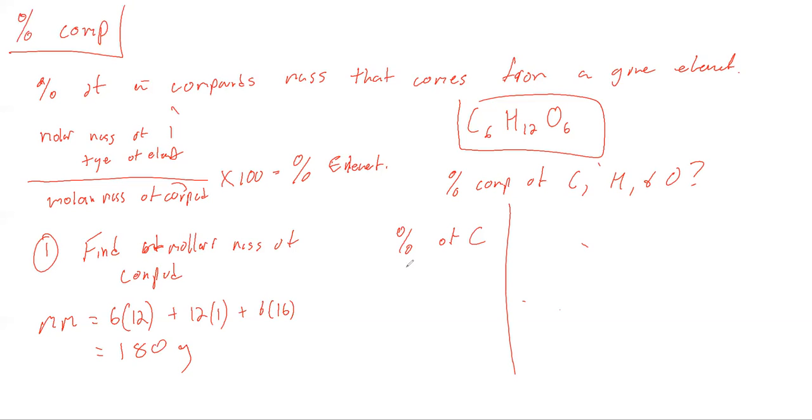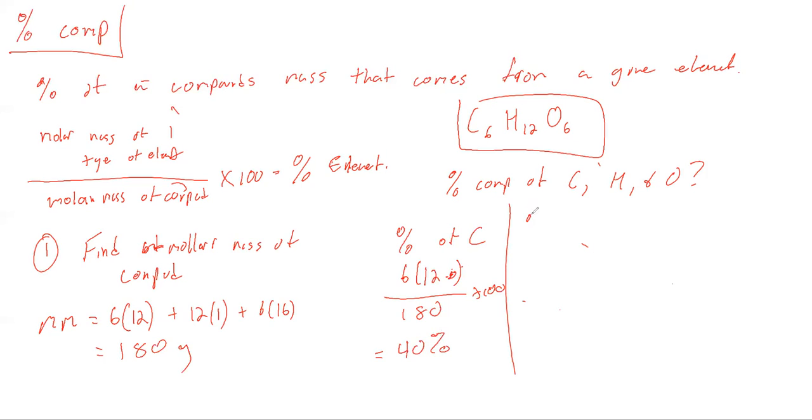I have 6 carbons, so the molar mass of 6 carbons is 6 times the molar mass of 1 carbon, or times 12, divided by the molar mass of my whole compound, which is 180. Then I multiply that by 100. Whenever I do all that out, I find that the percent composition of carbon is right around 40%.